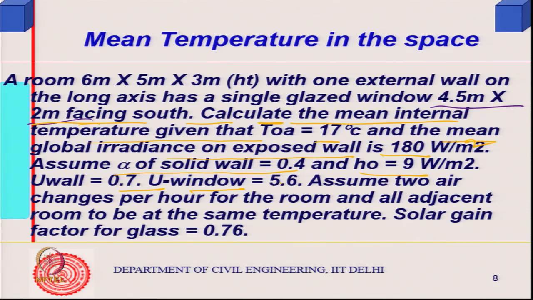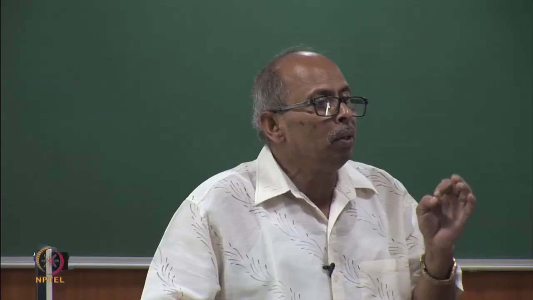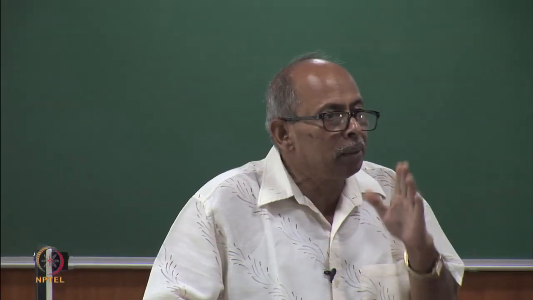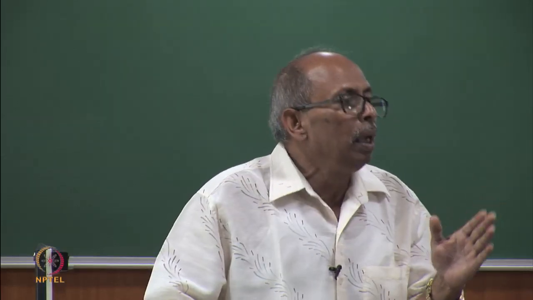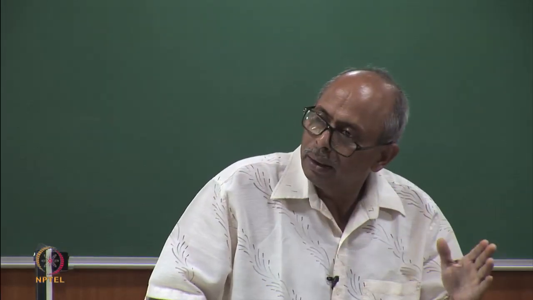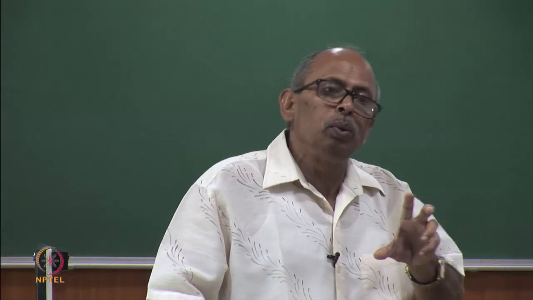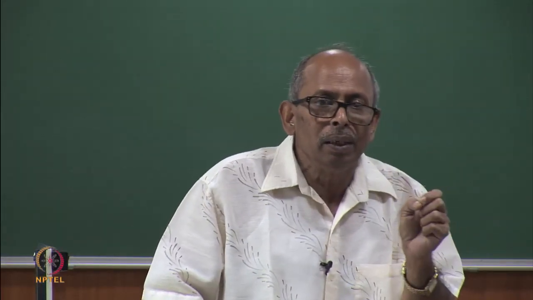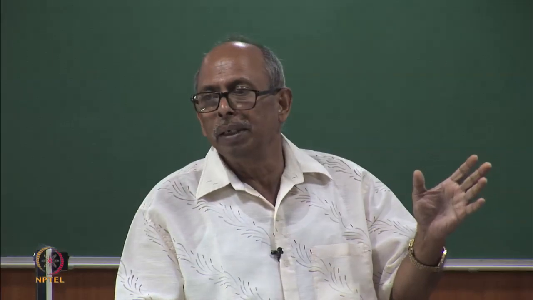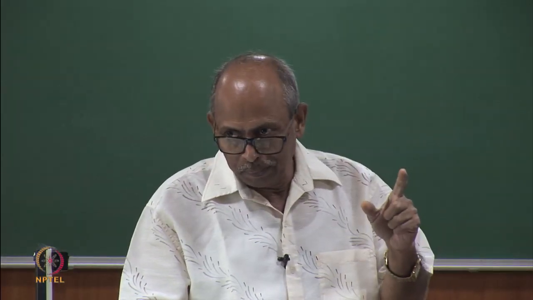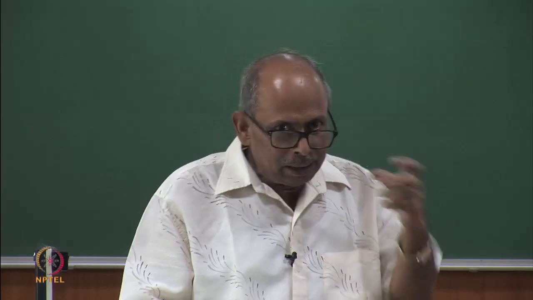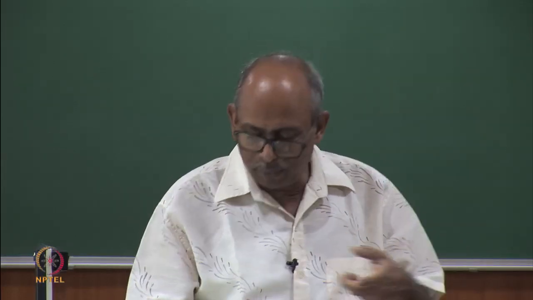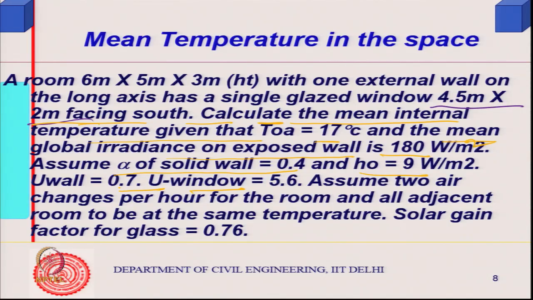Glass will also have a U, because there is a temperature difference, and it will allow radiation to come in, and glass is very thin. So it will allow most of the heat to come in; for unit temperature difference the heat that comes in is very large, which is why it is 5.6 compared to that of the wall.